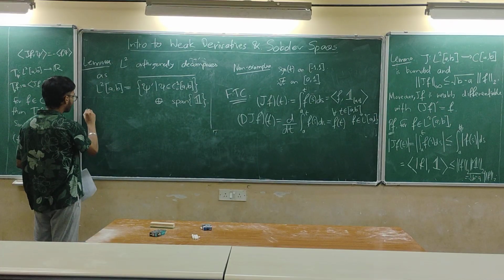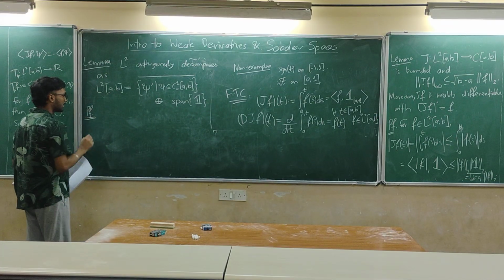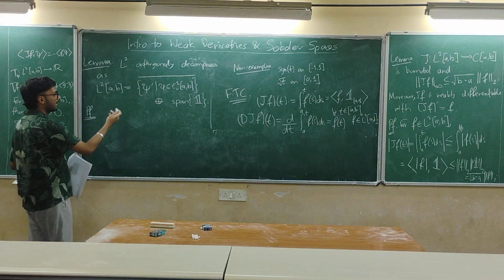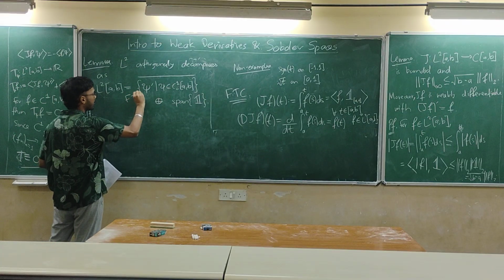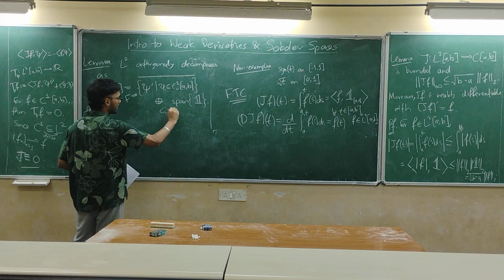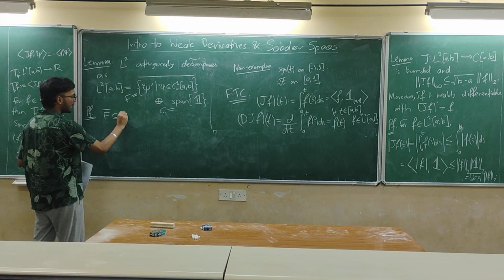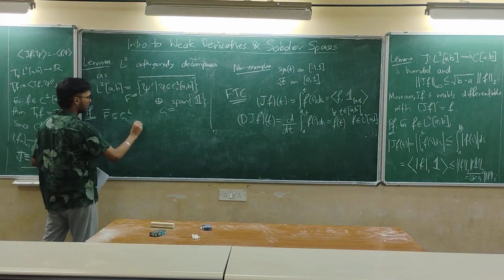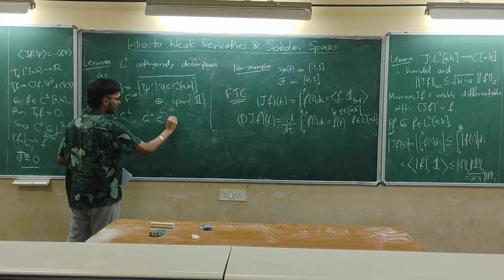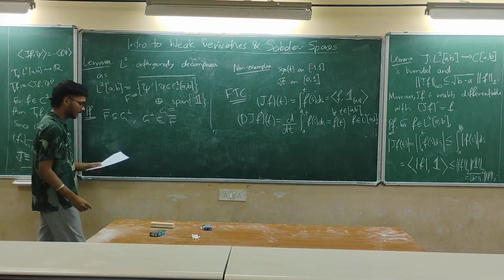So to show a proof of this, let's denote this space by F and this space by G. So we need to basically show that F closure is contained in G perpendicular and G perpendicular is contained in F closure.